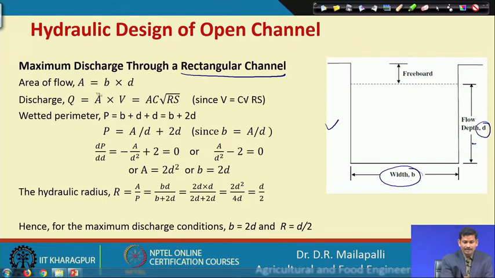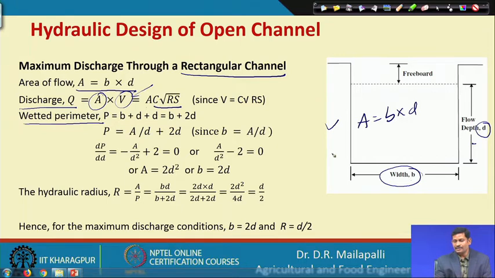From this graph, the area is equal to b into d, because it is rectangular, breadth into depth. Then the discharge is equal to area multiplied by velocity. Putting Chezy's velocity equation here, Q equals area into C square root of R S.